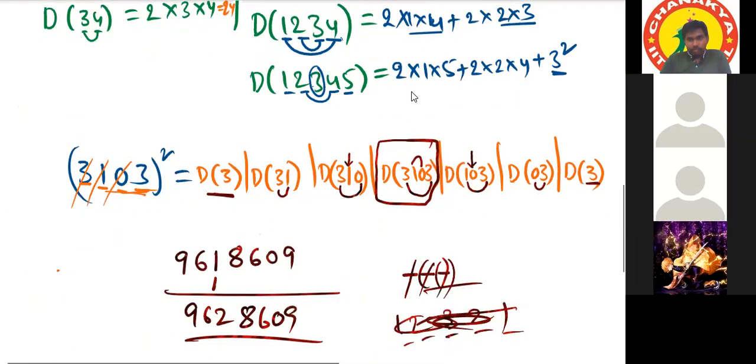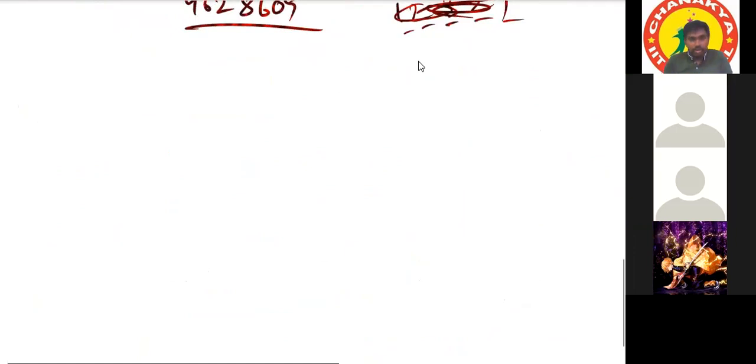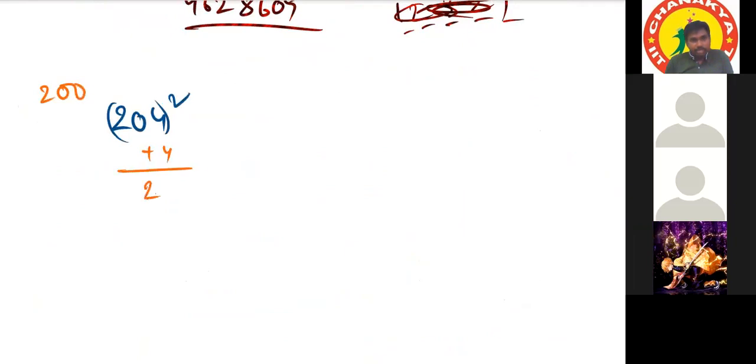204. We can do 204 using the base method also. 204 square: what is the base here? 200. How much is extra? 4. If you add 4, it will be 208. We have to double this number because our base is 200. After doubling, it will be 416.